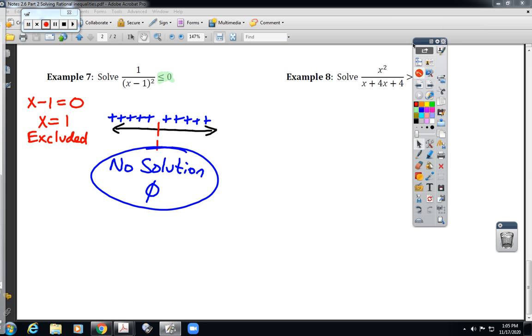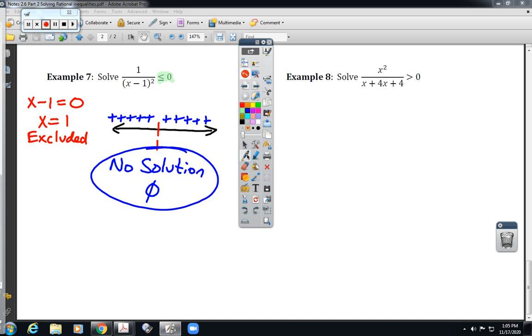On to example 8. Fortunately for us, this is already a fraction, so all we need to do is figure out its zeros. We ask ourselves, when is x squared equal to 0? Well, that would be when x equals 0. So we have a zero at 0. Then we ask ourselves, when is the denominator, which I'm about 1,000% certain is supposed to be an x squared, equal to 0?